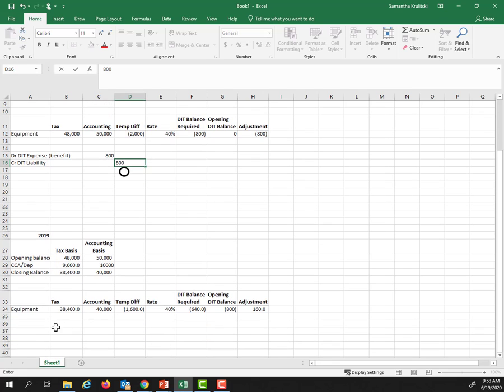If we scroll down here to 2019, we need to debit our DIT liability for the 160, and we're going to credit our DIT expense benefit for that 160 to make that adjustment.